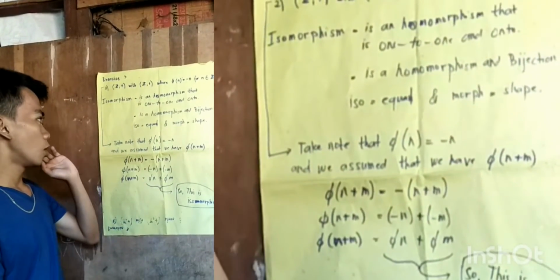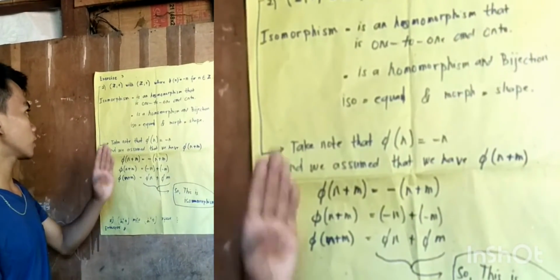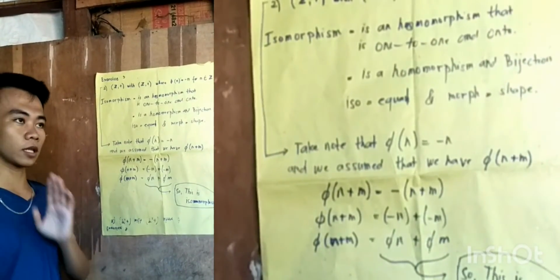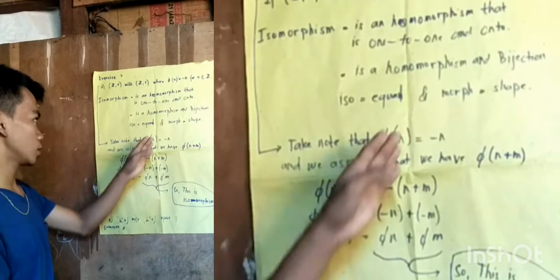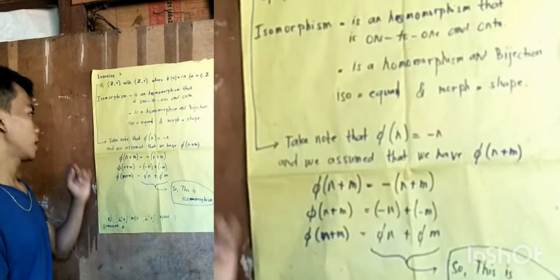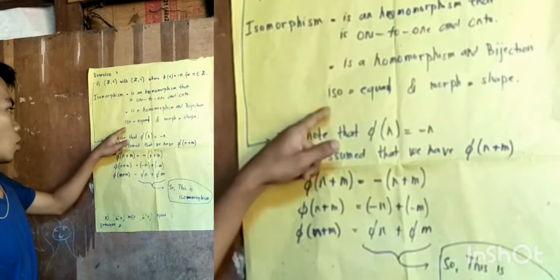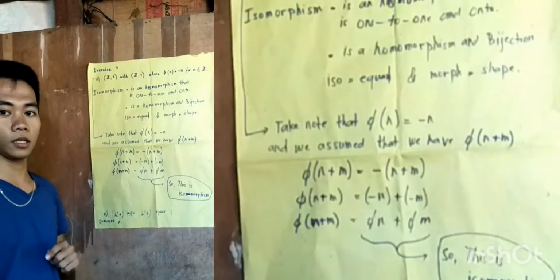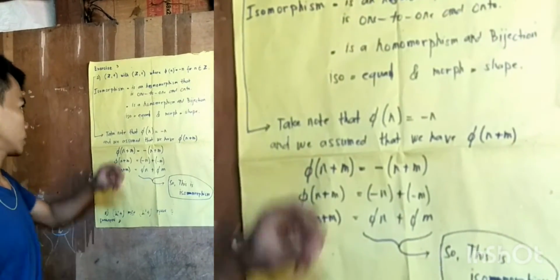Another way to say it: you can only call it an isomorphism if the structure and the shape are preserved, a homomorphism and a bijection. Lastly, iso means equal and morph means shape.